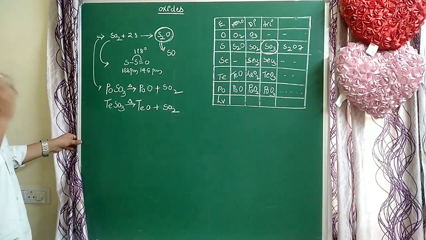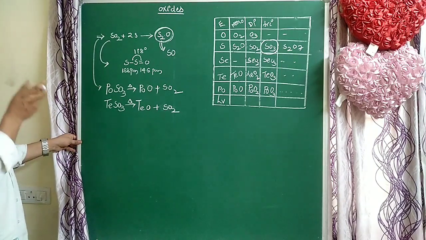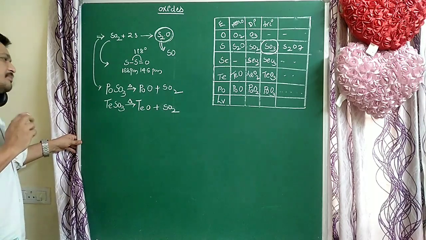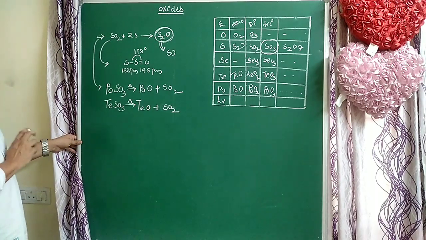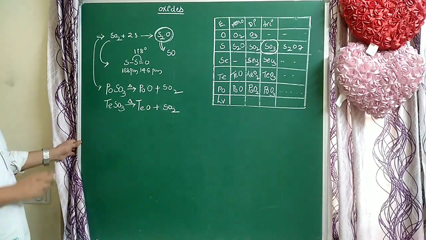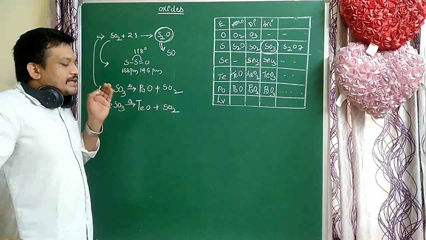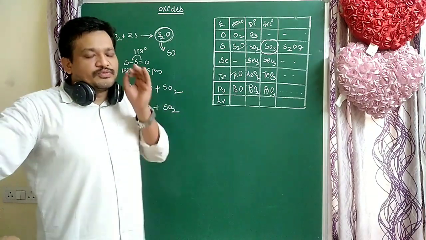In the ground state, the group 16 valence is 2, so combining capability is 2. Oxidation number may be plus 2, minus 2, or sometimes 0. In the ground state, these elements can form only 2 bonds.